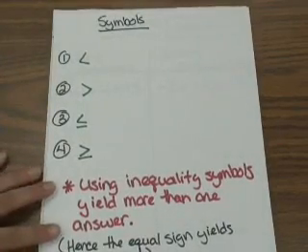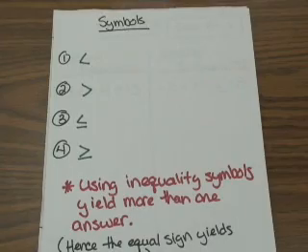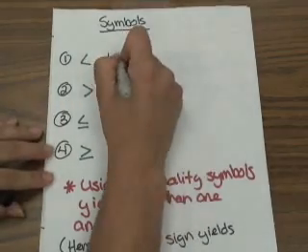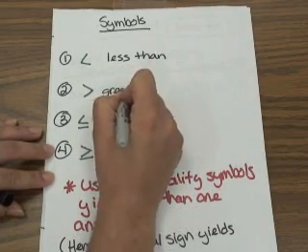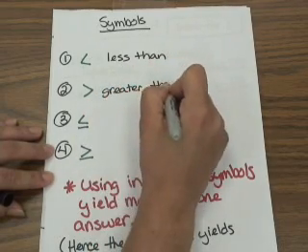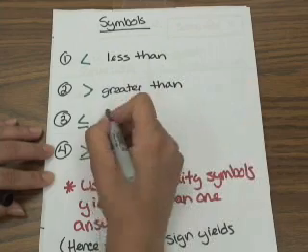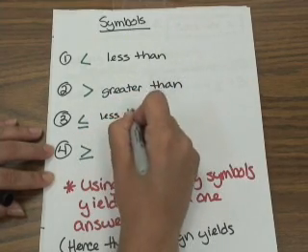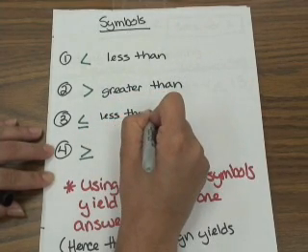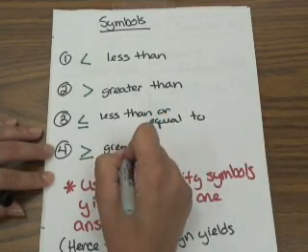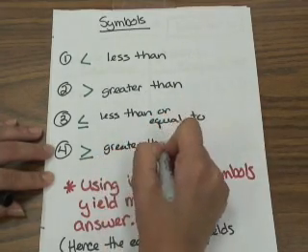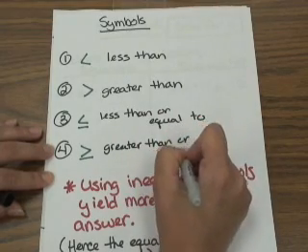The symbols you'll see used in inequalities include the less than symbol, the greater than symbol, the less than or equal to, and also the greater than or equal to symbols.